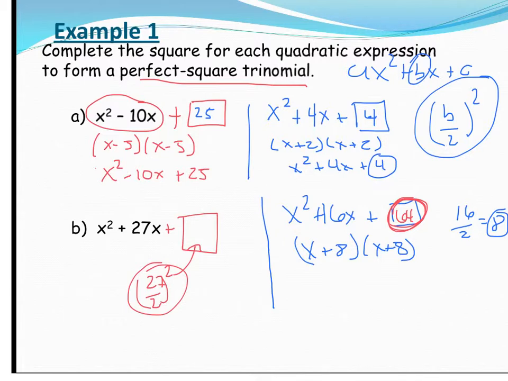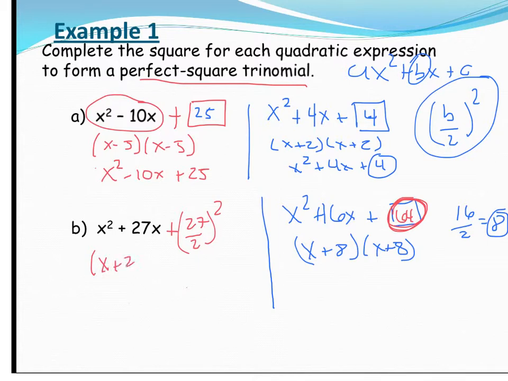What's nice about this is that whether it's even or odd, it's very easy, because I know I'm going to add 27 divided by 2 squared. That's not a nice number, but because of this relationship, I know my factor is going to be the middle term divided by 2. So I don't even need to think about factoring. And that is how we find a perfect square trinomial.